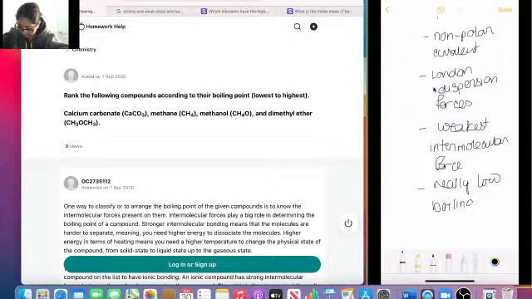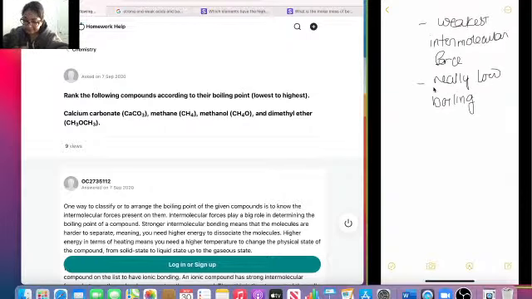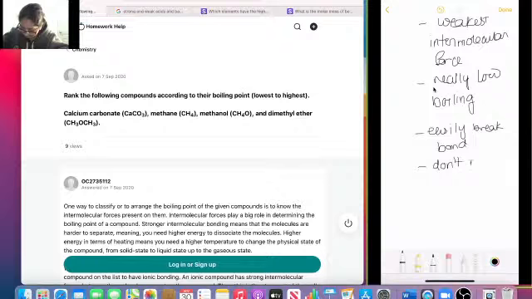Which means you can easily break the bonds and basically change the state from a liquid to a gas, or a solid to a liquid and so on. So it's basically easy to break bonds. It doesn't need much energy, right?